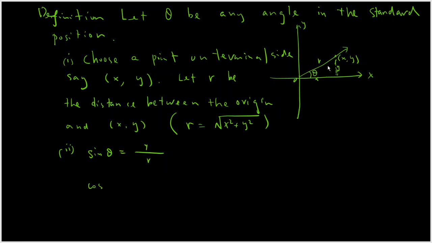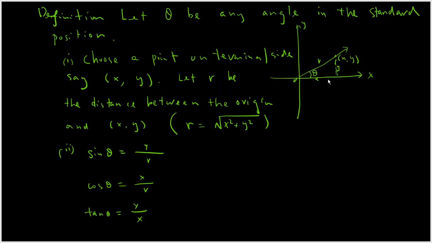And likewise, cos of theta is x over r, right? You look at the triangle again, the x value is adjacent relative to theta, the r value is the hypotenuse, and the tan of theta is defined as y over x, right?